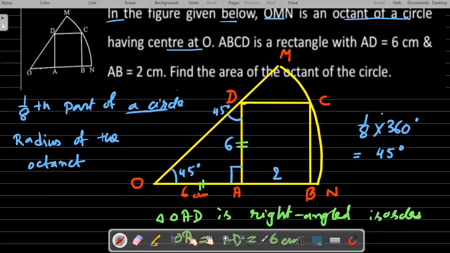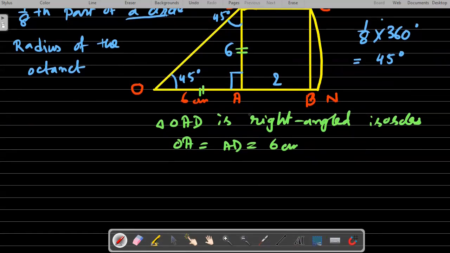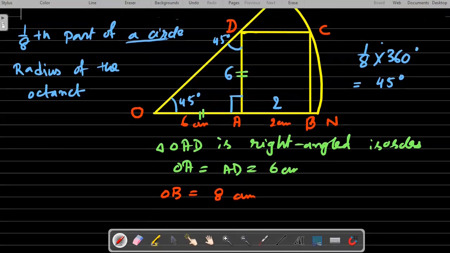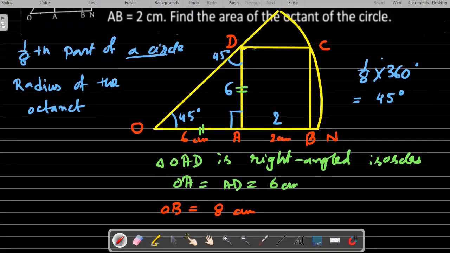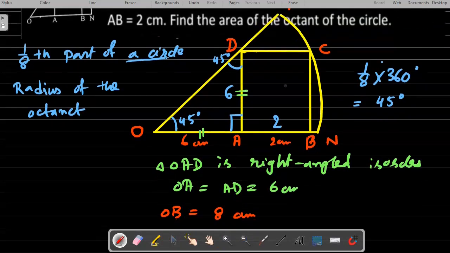Now what is AB? In this problem it is given that AB equals 2 centimeter. Now what is your OB? Your OB becomes 8 centimeter, 6 plus 2. Now what is BC? BC is 6 centimeter because this is a rectangle.